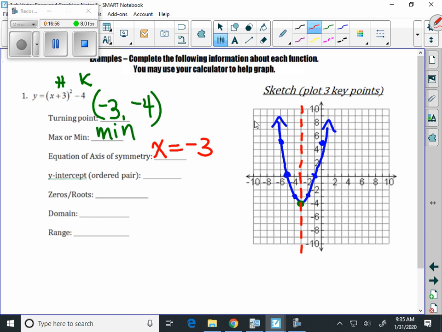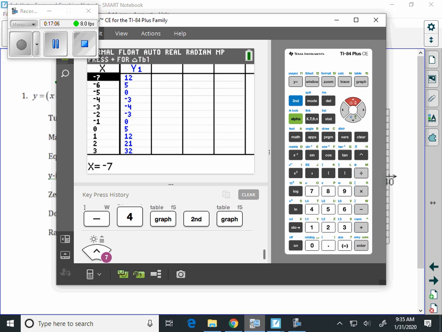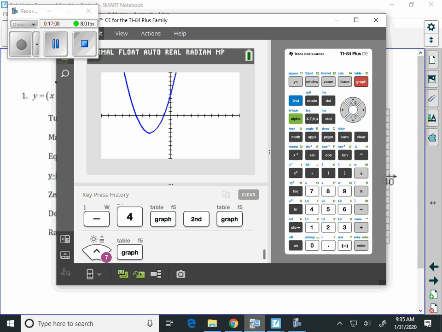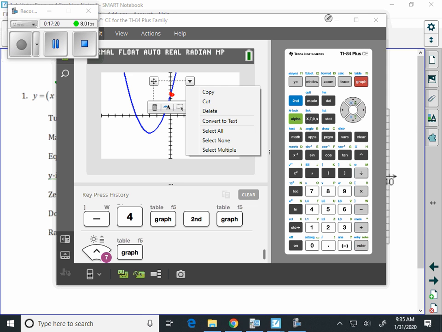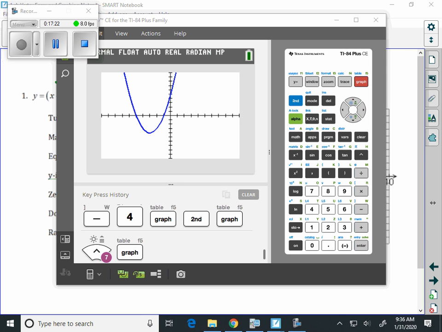Y-intercept? Well, our y-intercept is going to be 0, something. Can't see it very well on my picture, but that's what's helpful about looking at the picture on the screen as well. Our y-intercept is here. If I scoot it over, 1, 2, 3, 4, 5.